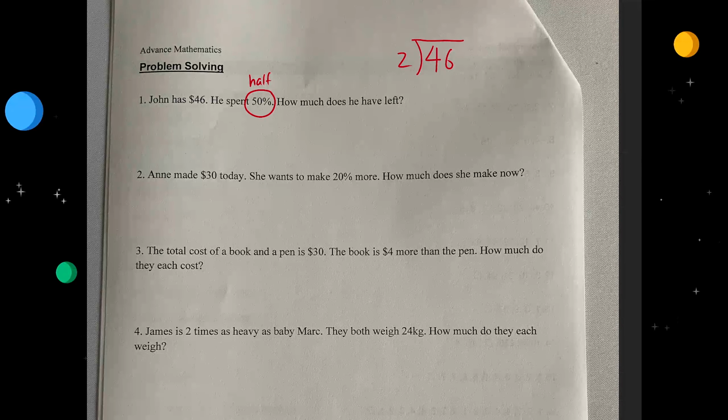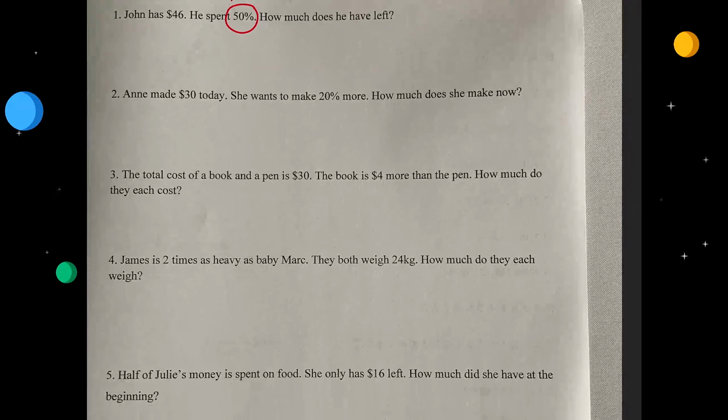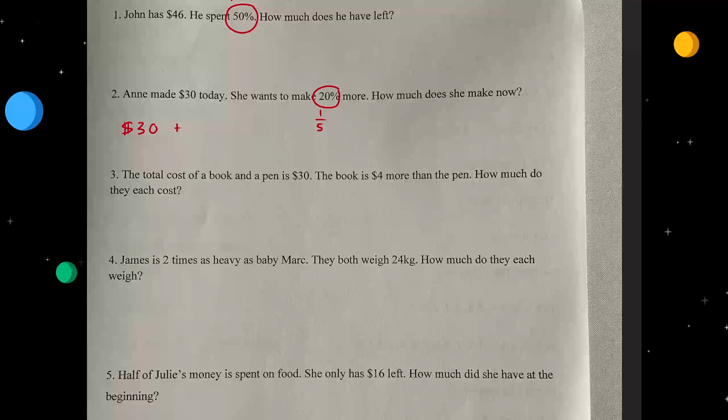Next one, the total cost of a book and a pen is $30. So let's say we have a book. Let's say a book costs this much. And a pen costs this much, the same amount as a book, but it's $4 more, so plus 4.